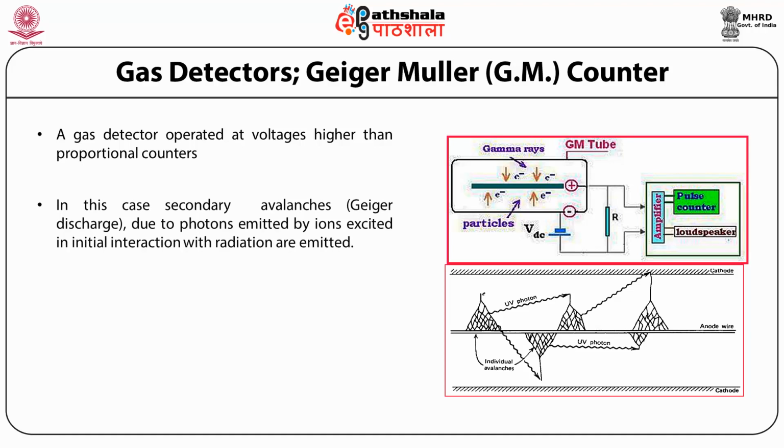In this case, secondary avalanches, that is Geiger discharge, are produced due to photons emitted by ions excited in the initial interaction with radiation. What happens is, when the primary radiation comes, it produces an electron-ion pair. Ions move towards the cathode, absorb an electron from the cathode, get excited, and due to de-excitation they release photons.